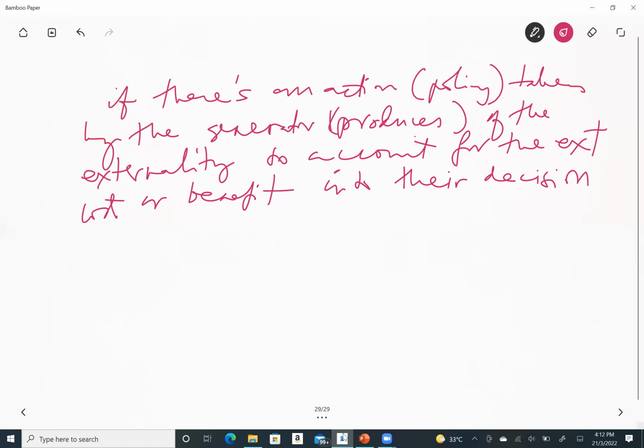Either output decision or consumption decision. So decision here, either production decision or consumption decision.